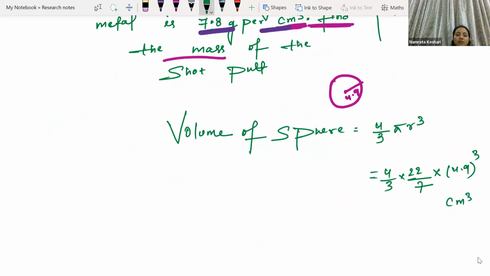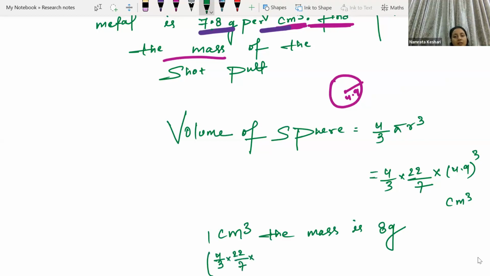Now we will say for 1 centimeter cube, the mass is 7.8 gram. The metal is having 7.8 gram as a mass. So for this much centimeter cube, what? 4 by 3 into 22 by 7. If you want, you can do the calculation, or you can do it this way as well.